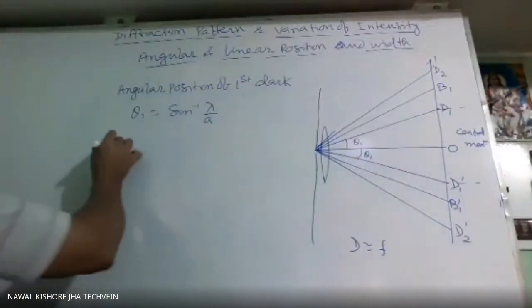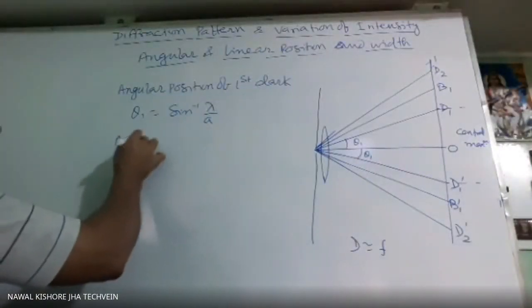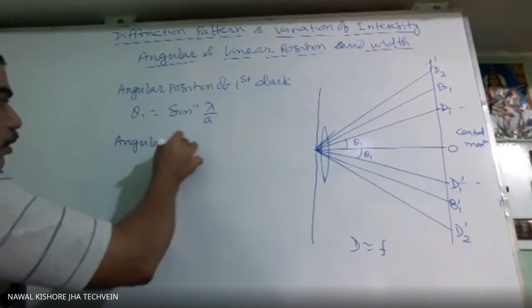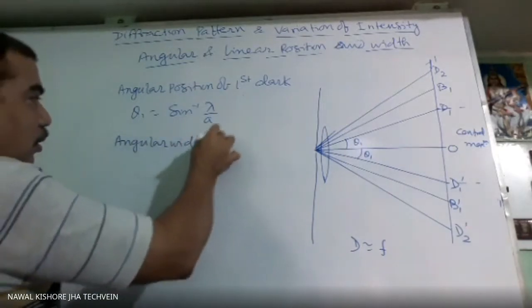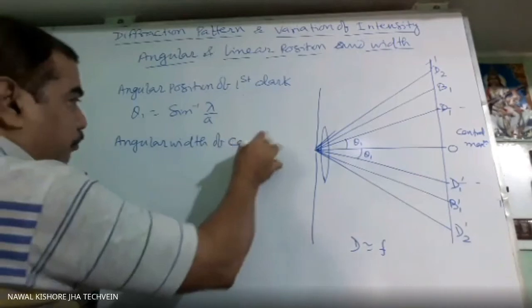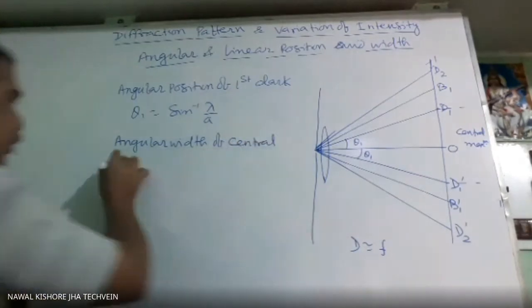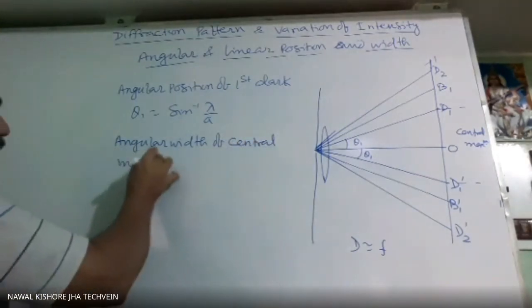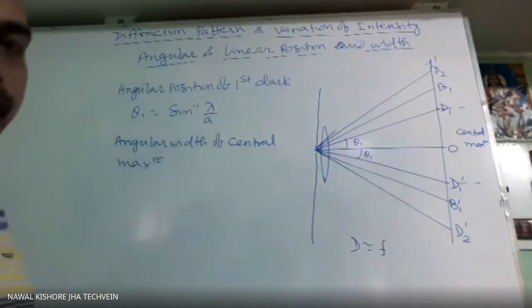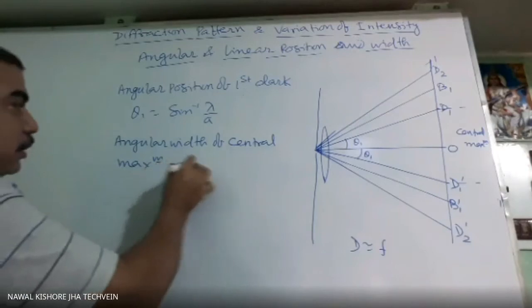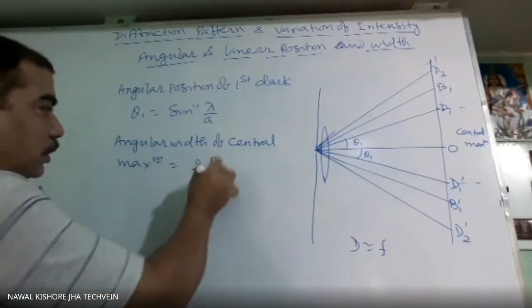If you are asked what is the angular width of central maxima, indirectly what you have to find? θ1.